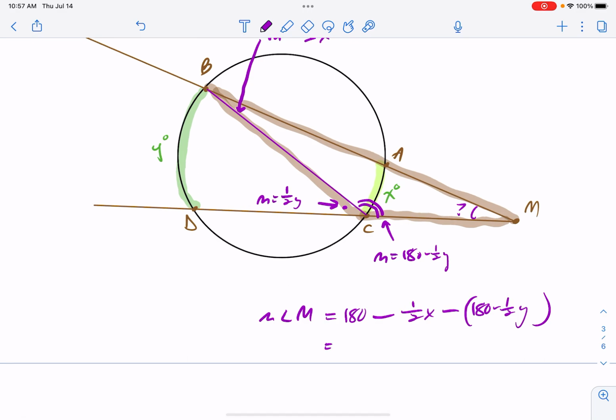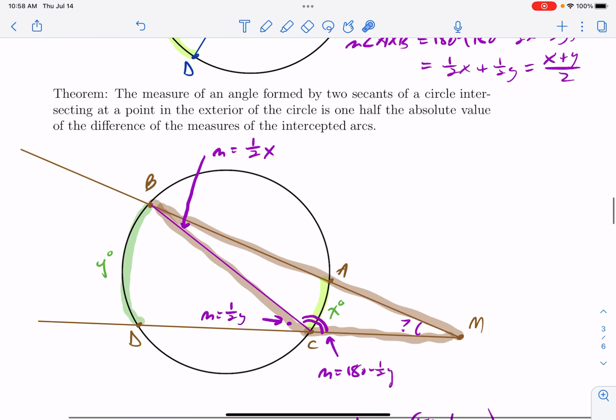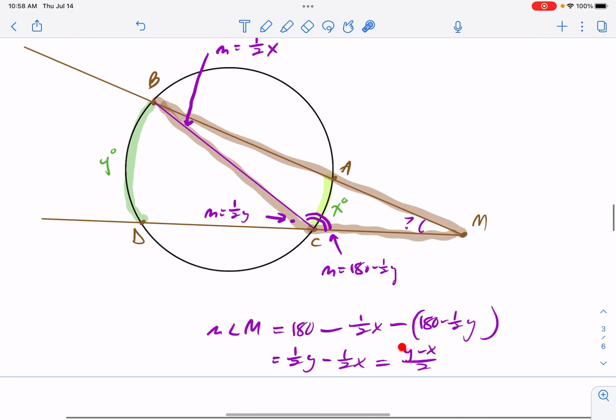And if you work through that, you get 1/2 y minus 1/2 x, or (y minus x) over 2. So it's kind of the reverse of what we did for this one. Here, when the intersection happens inside the circle, it's add the two measures of the arcs and divide by 2. Here it's subtract. And you just subtract them with bigger minus smaller.